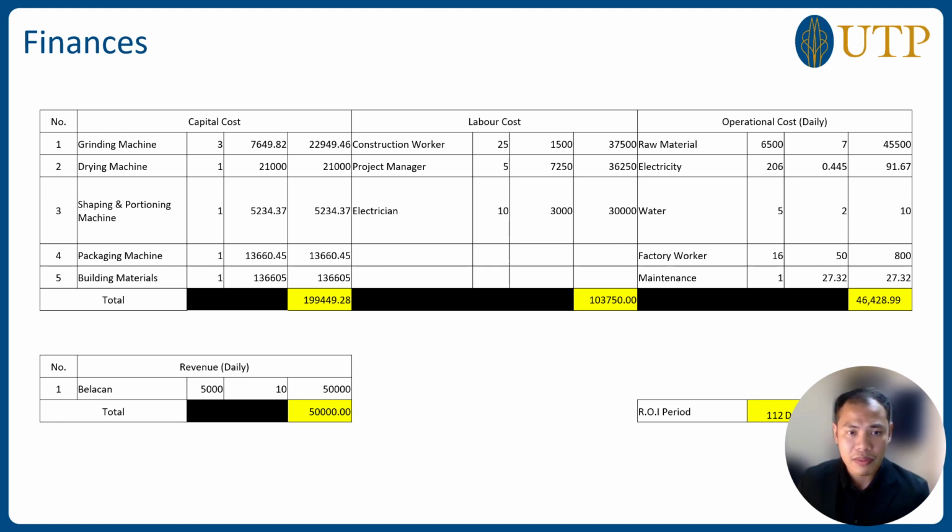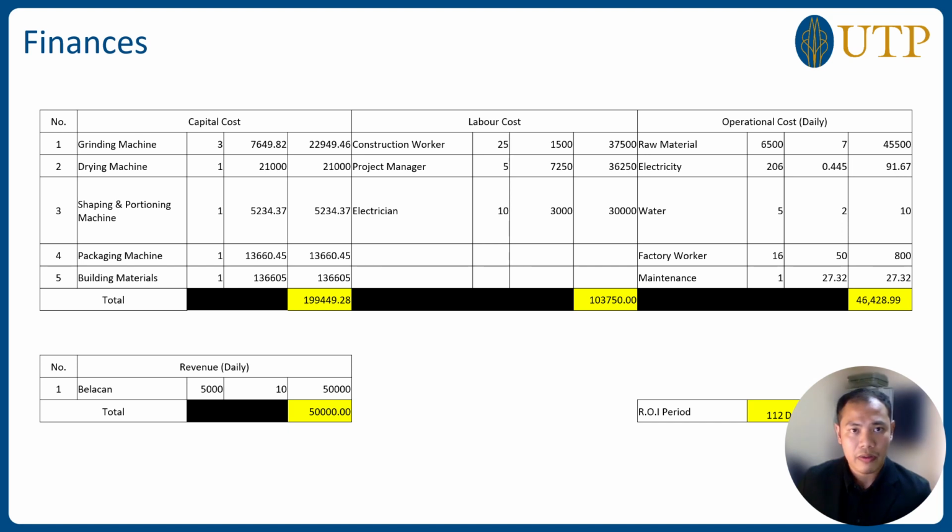This all comes up to a total of 199,449 ringgit and 28 cents. And we also took into consideration the labor costs for construction workers, project managers, and electricians during the building stage and also the installation stage of all of the machines and also building.